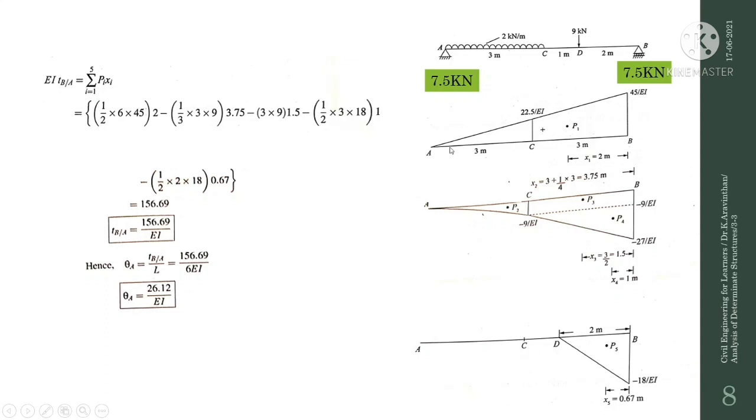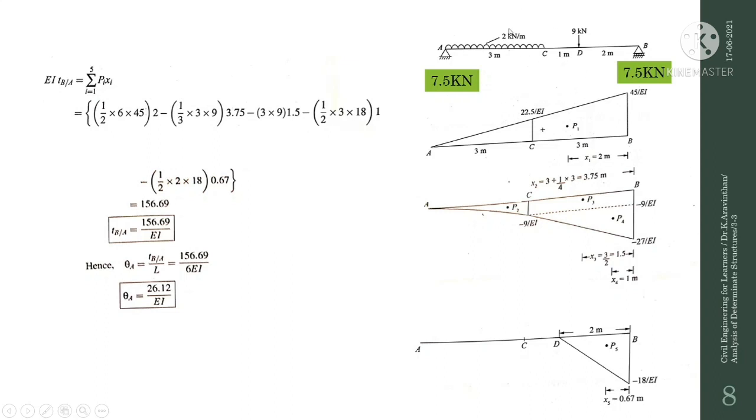This is the first bending moment, and then the bending moment due to the UDL. So the load is 2 into 3, into distance 3 by 2. Up to point C, you have to take moment at point B, so you have to add plus 3, which gives 4.5 meter.